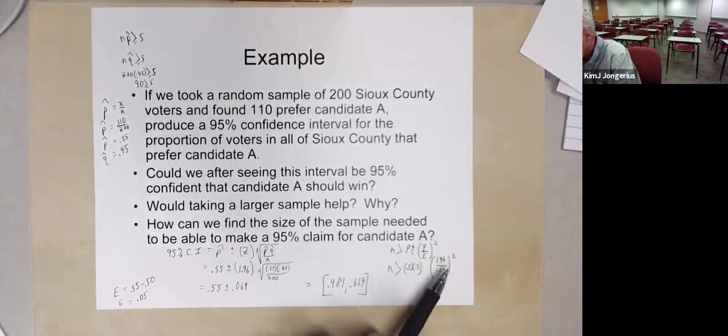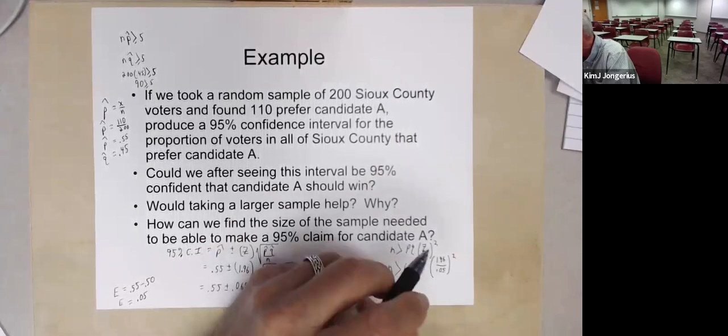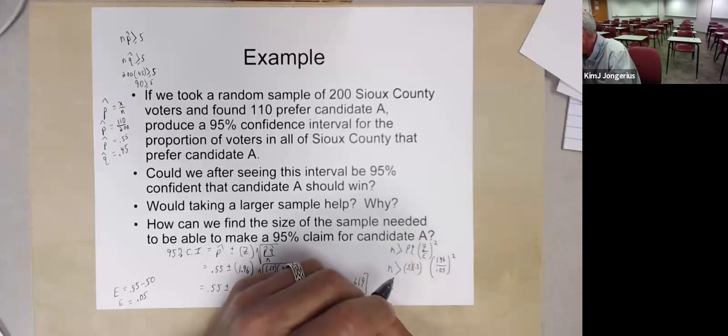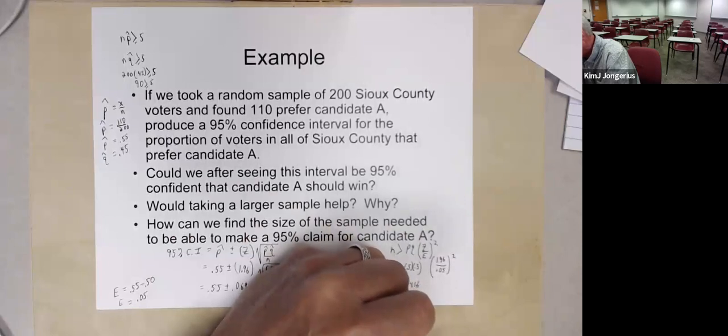So you take this fraction, square it, take it times 0.5 twice over, and what you will end up with is the size of your sample. In this particular one, N has to be greater than 384.16, which means we always round up to 385.